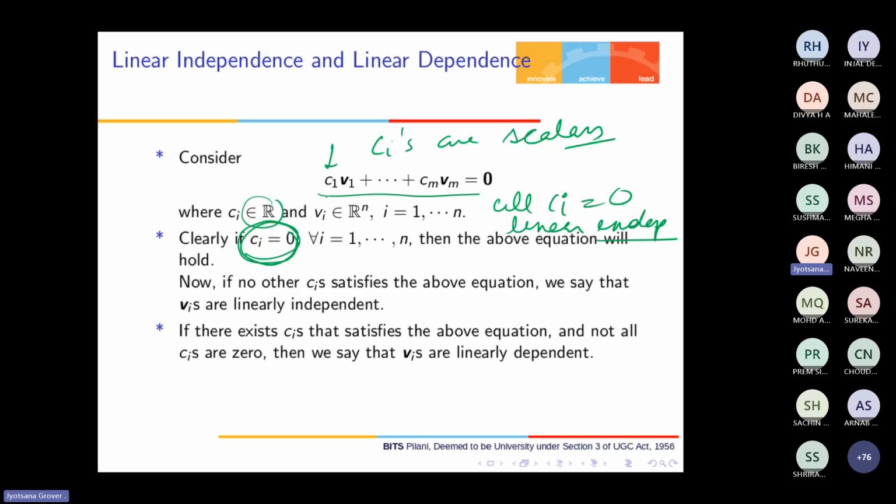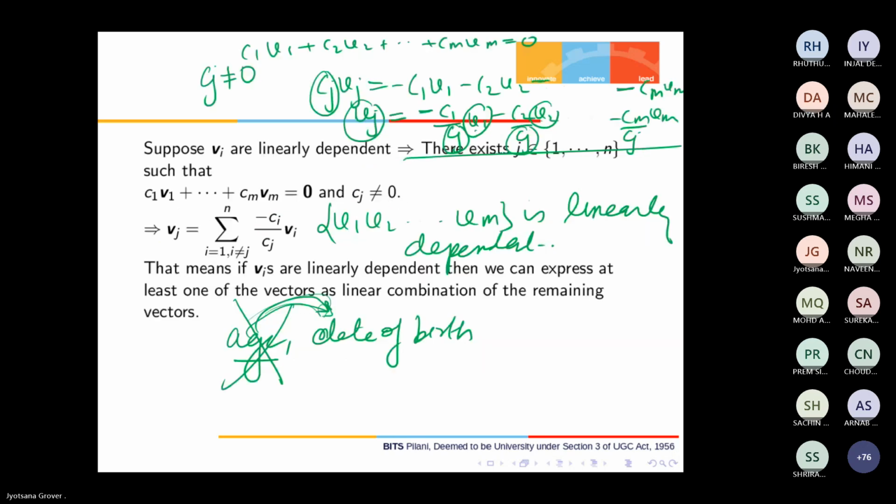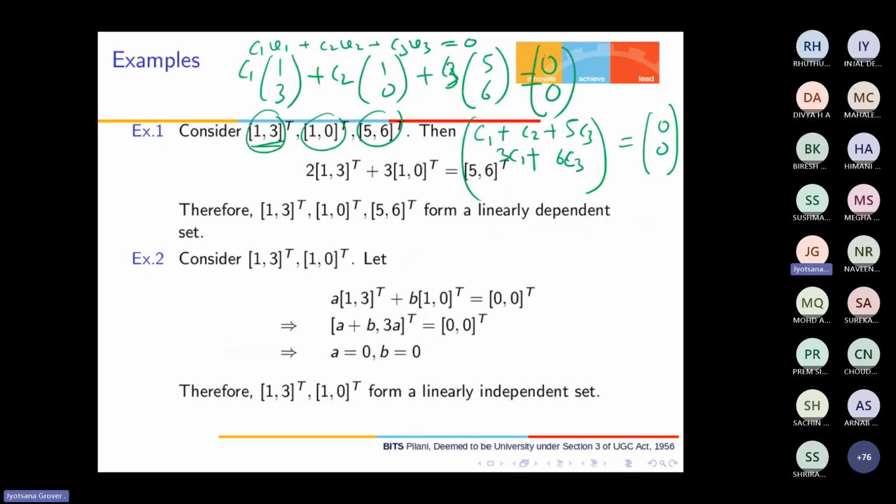If you prove that all Ci are 0, then you say linearly independent, otherwise not. Is it okay? Yes, ma'am.